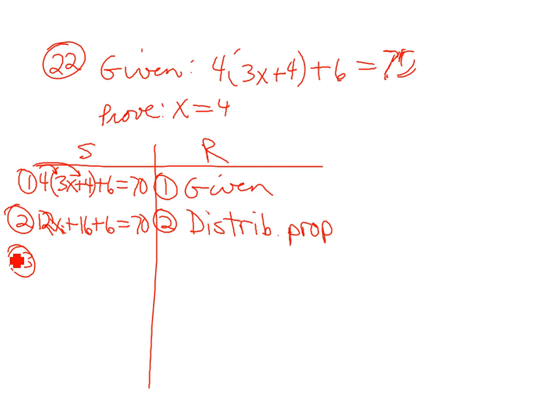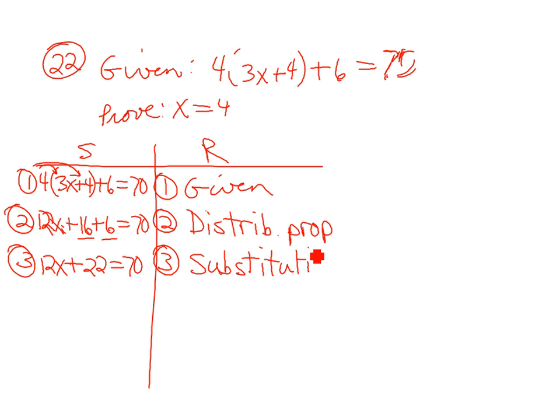Next thing I'm going to do is collect those like terms there. So I got 12x plus 22 equals 70. And all I did there was addition, or probably better to write substitution. Use substitution, you replace the 16 and the 6 with 22 because you knew it was the same thing.